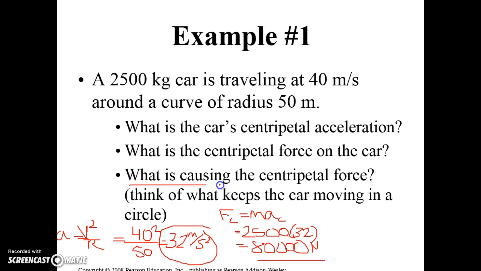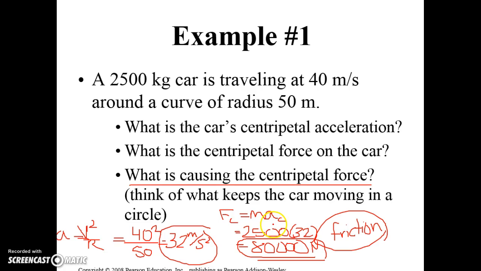And then the question here: what is causing the centripetal force? The only thing that can be causing it right at the moment is friction. I better have that much friction, because if I don't, I'm not continuing to move in a circle. I will go in a straight line. And that is the end of the Chapter 8 notes.